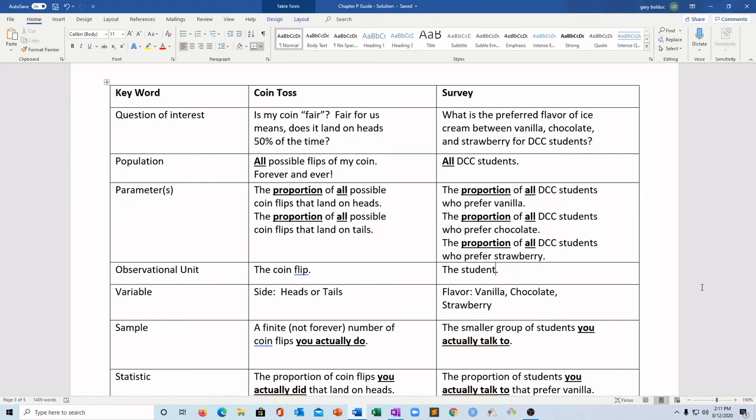Okay, I asked you, watching this video, what do you like? You said chocolate. Okay, that was data I got from you. That makes you the observational unit. So I got data from the student. That's the observational unit. I got data from the coin flip. That's the observational unit. Awesome.